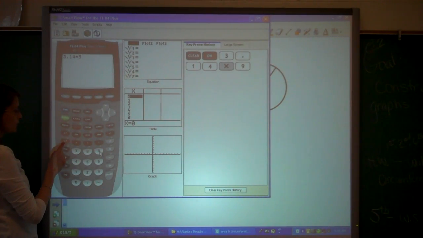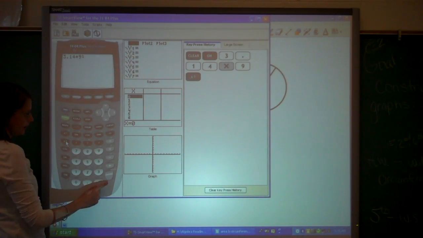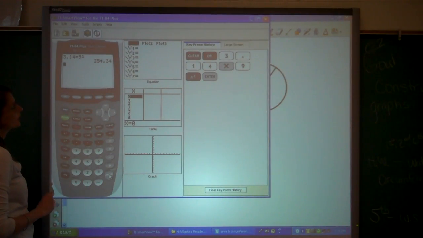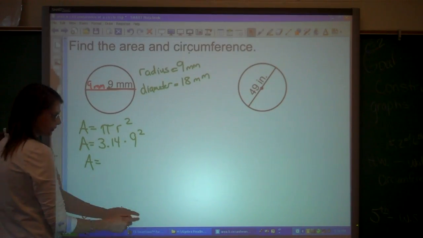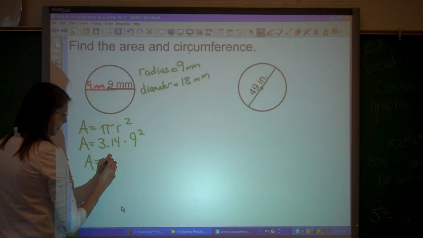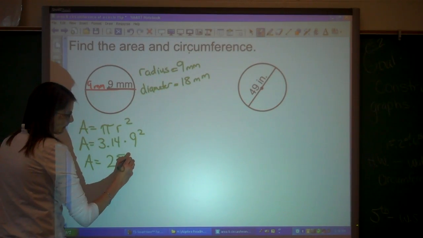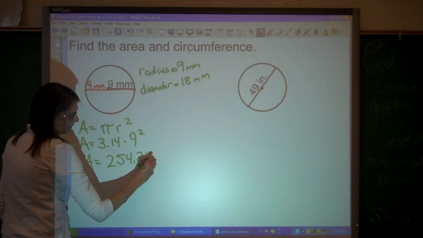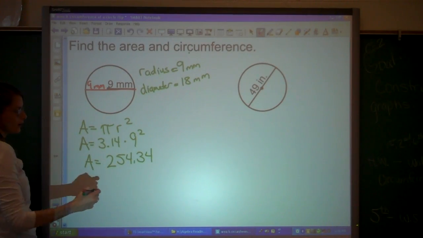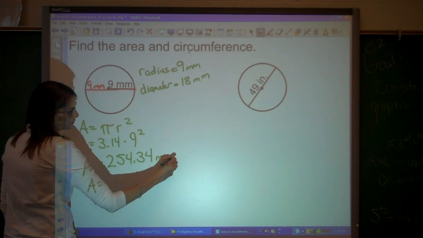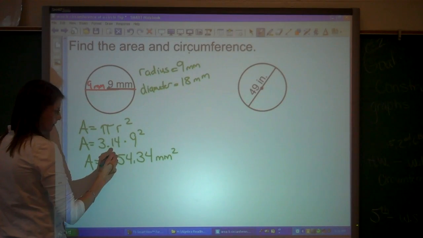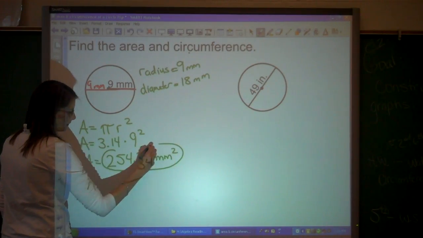Remember we can use the little x to the 2 button and hit enter, and I get 254.34. And remember, this is square units, so it's millimeters squared, and that's my area.